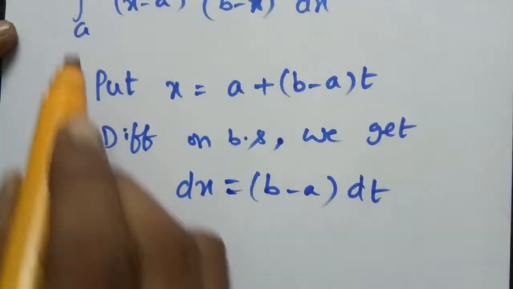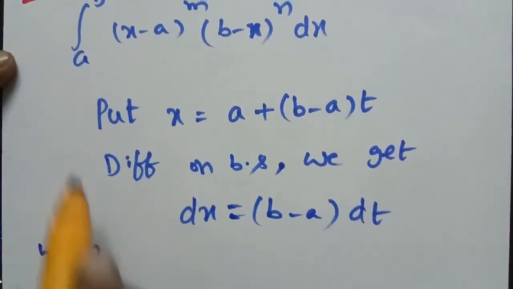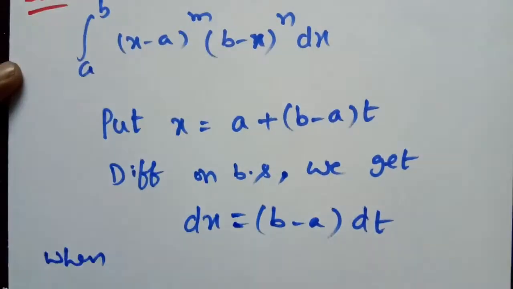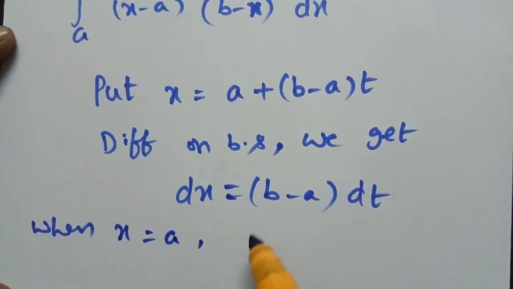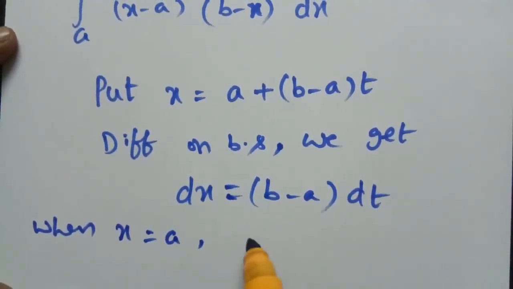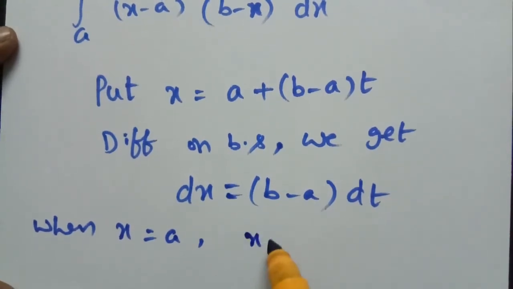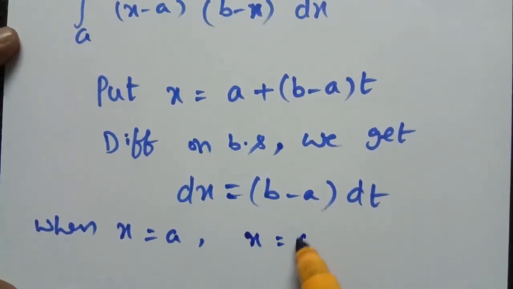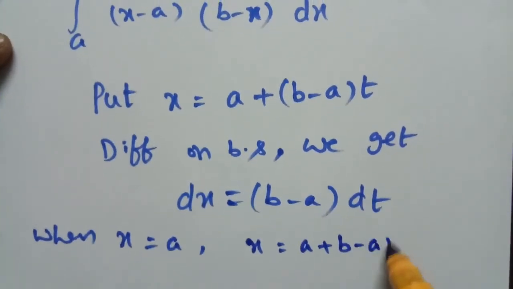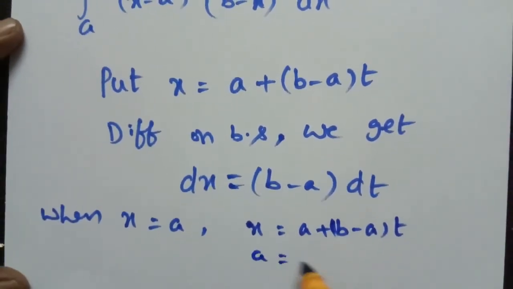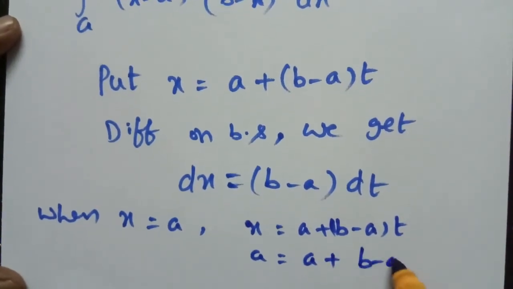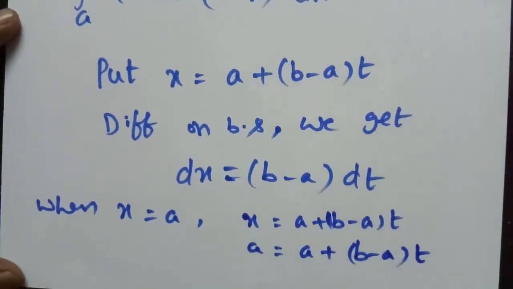The lower limit of x is a. Therefore when x is equal to a, a is equal to a plus (b minus a) into t.